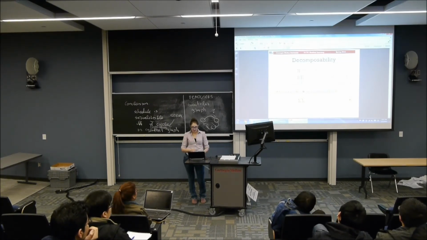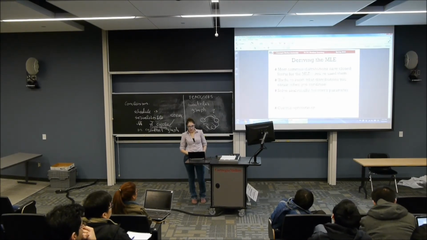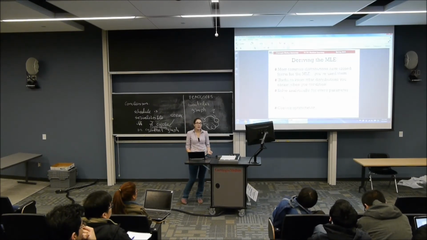Now, if we've got a set of conditional probability tables and the parameters in each table are disjoint from each other, we can split this up into several optimization procedures. The most common distributions, as you know, have closed forms for the MLE.